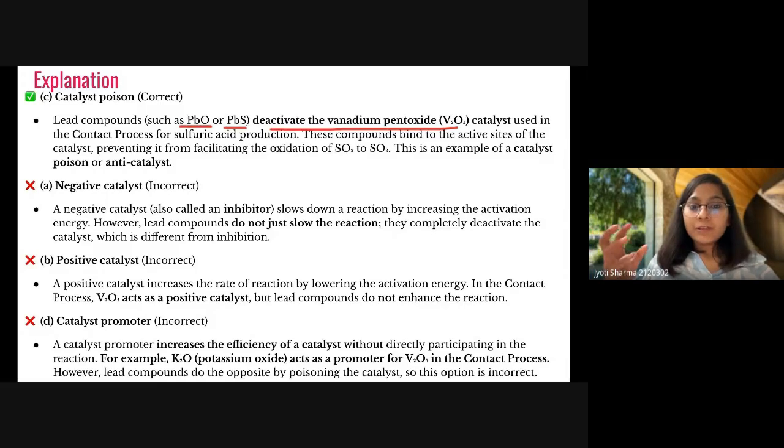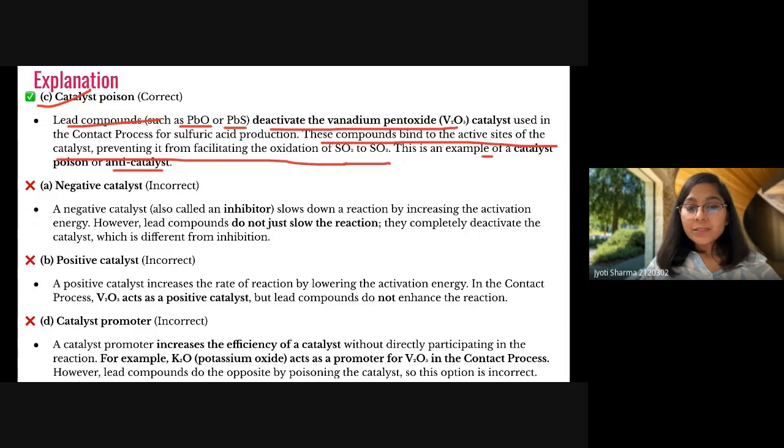But if we need to deactivate this catalyst, then we need some catalyst poison, and that catalyst poison are lead compounds. Okay, these compounds bind to the active site of the catalyst, preventing it from facilitating the oxidation of SO2 to SO3. And these are catalyst poison or anti-catalyst. So that's why C is the right answer.